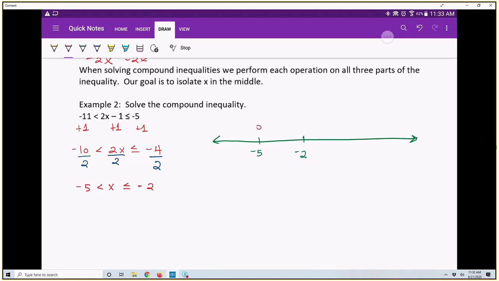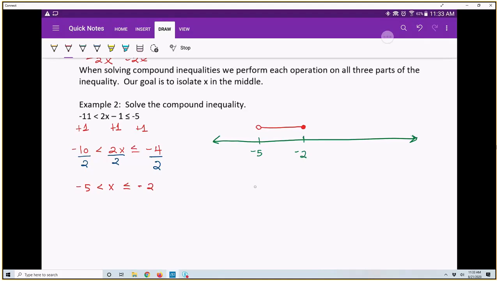So I'm going to use an open circle because I'm not including -5. But it has to be less than or equal to -2. So I'm using the closed dot for -2, and it's everything in between. These will be the numbers that are greater than -5, less than or equal to -2.